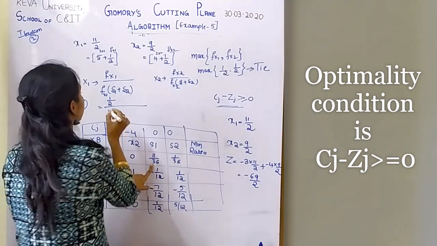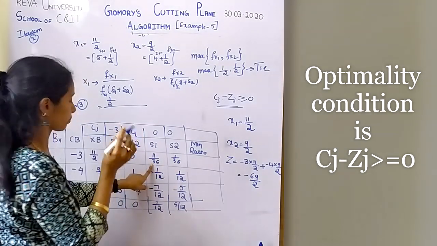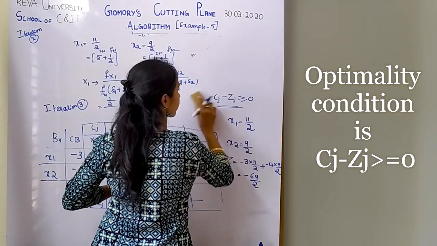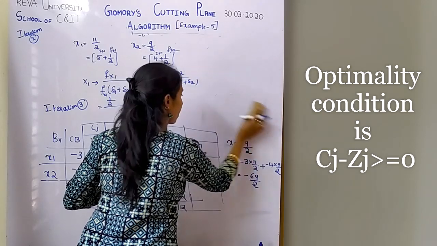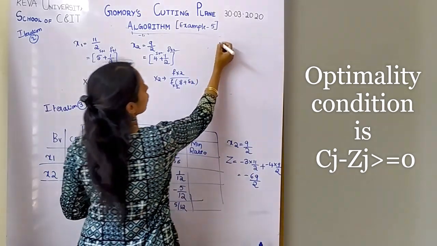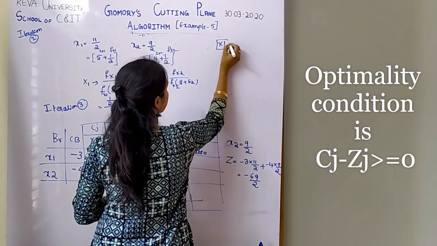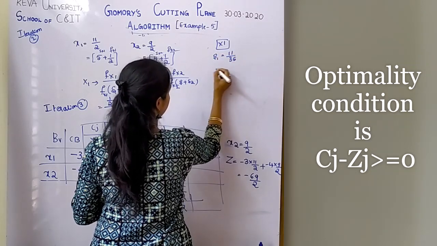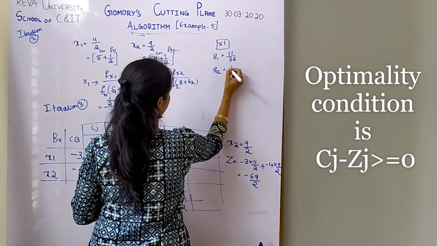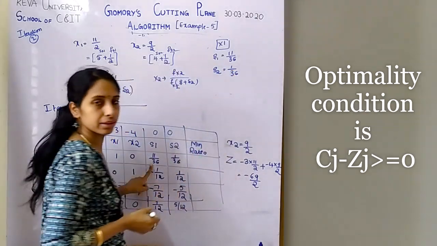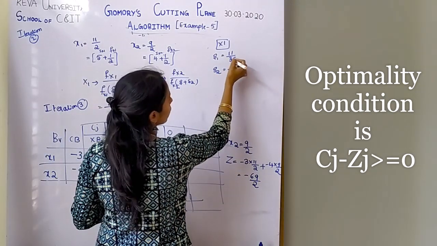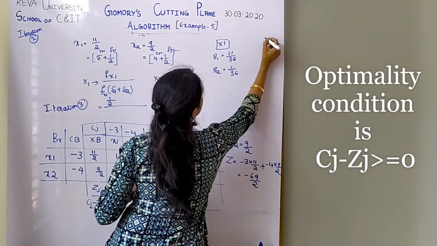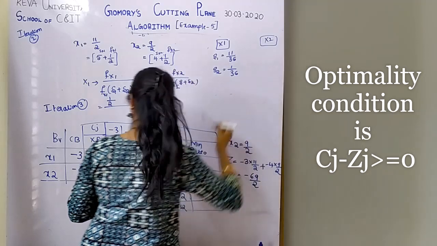What is s1? s1 for x1 is equal to 11 by 36, s2 is equal to 1 by 36. So here how we can represent? It's not a mixed fraction. Then you consider x2.